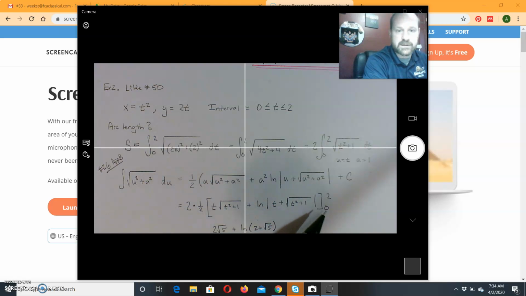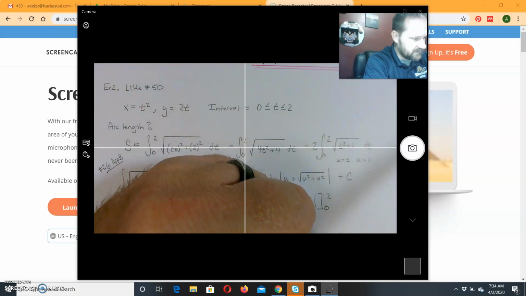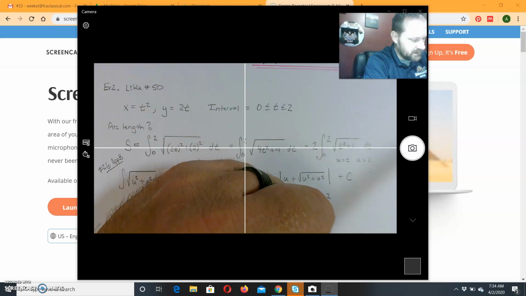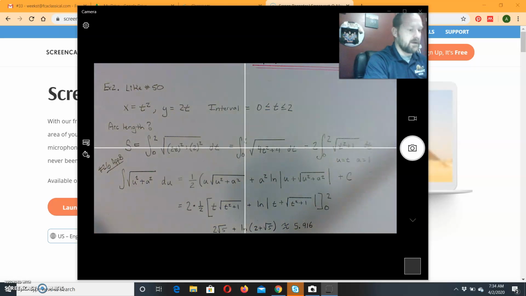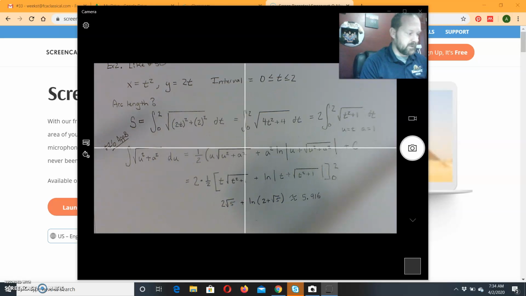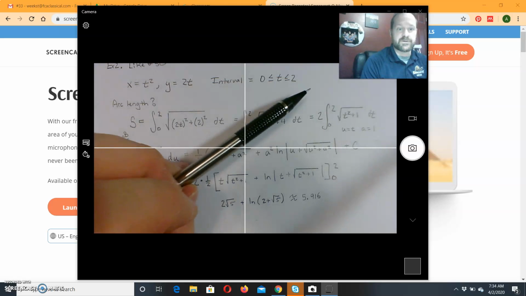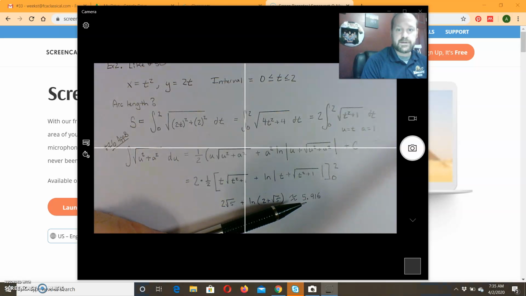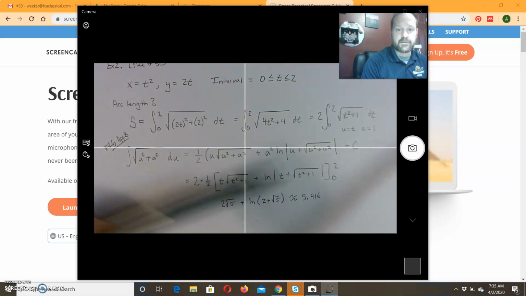You know how to plug in 2 first and then subtract from plugging in a 0. Okay, so then this is going to be approximately 5.916 is the value. So again, we were looking for the arc length of these parameters from 0 to 2, and there it is. Okay, that's the arc length.